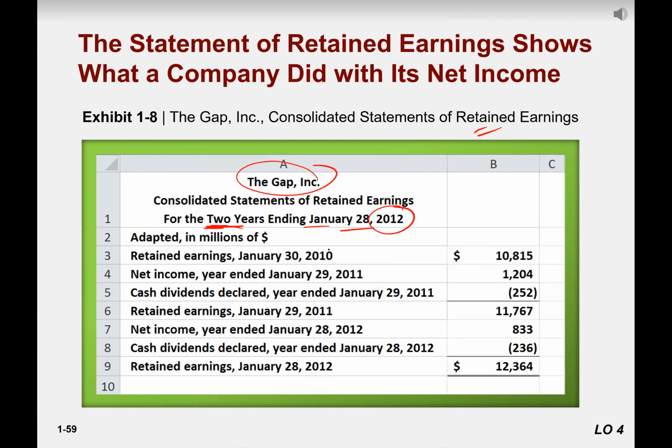Up till 2010, how much earnings were retained? 10,815. And in 2011, your net income was 1,204, and you declared dividend of 252. So that would be your total retained earnings by the end of 2011.